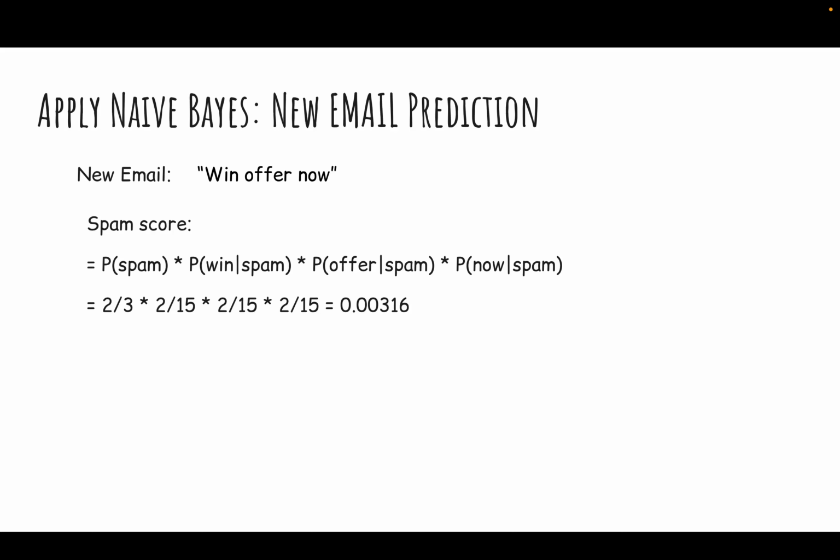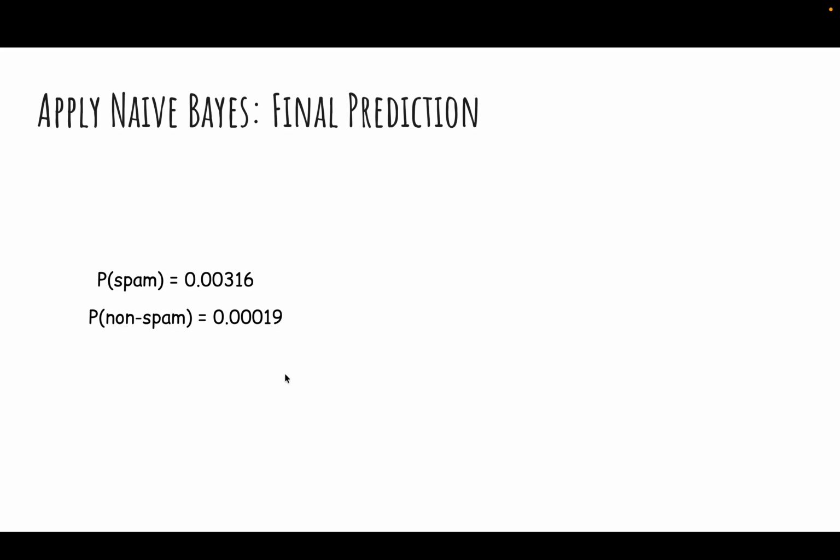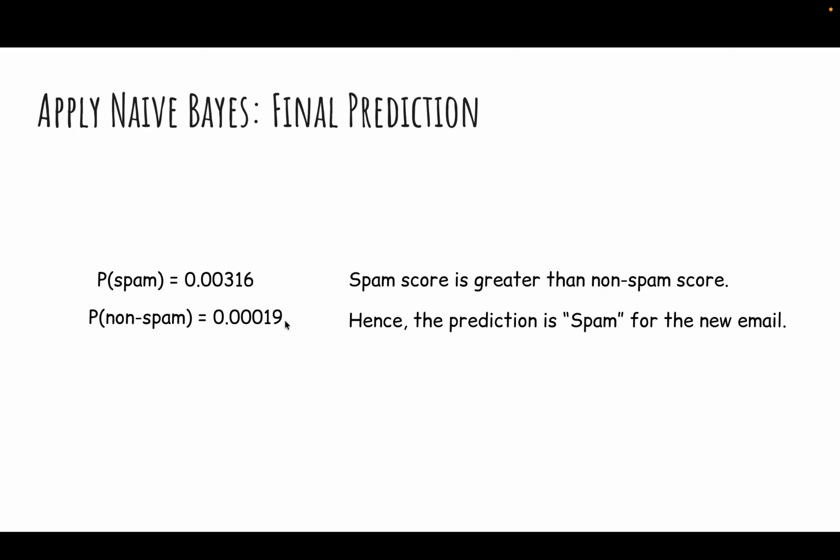Then comes our non-spam score, where the probability of non-spam is 1 by 3, and the probabilities of win, offer and now appearing in non-spam are 1 by 12, 1 by 12 and 1 by 12, which leads to the score of 0.00019. We know the spam score is 0.00316 and the non-spam score is 0.00019, which means the spam score is greater than the non-spam score. Hence, the prediction is spam for the new mail, which is win offer now.